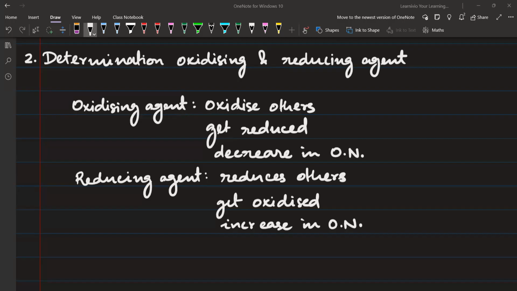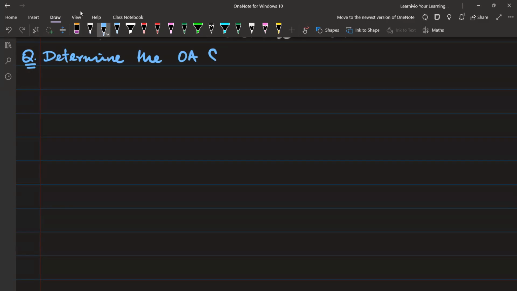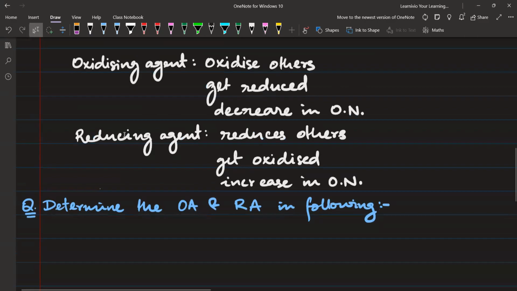Done with you. Right, question: determine the oxidizing agent and reducing agent in the following. See, whenever you have to identify the oxidizing agent and reducing agent, you just need to see this.